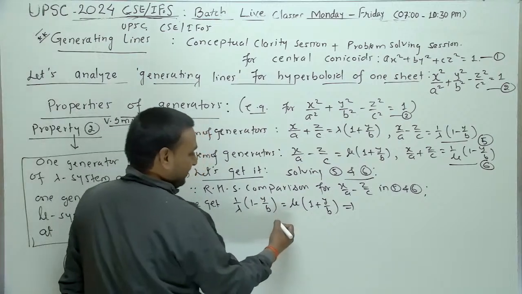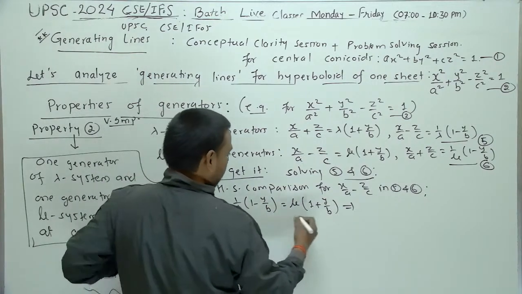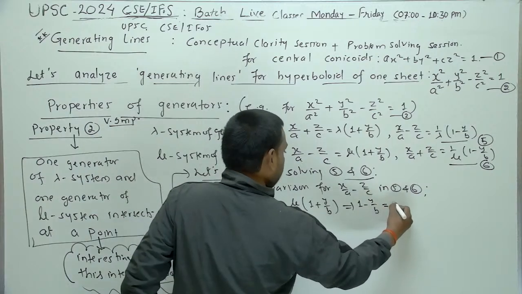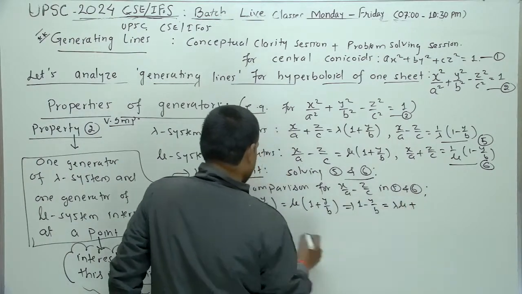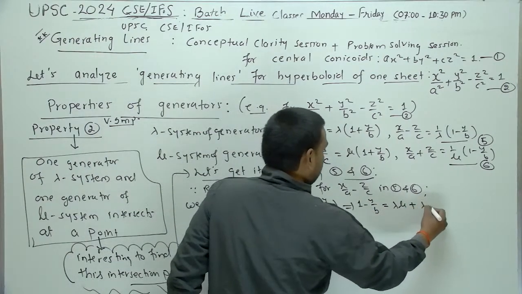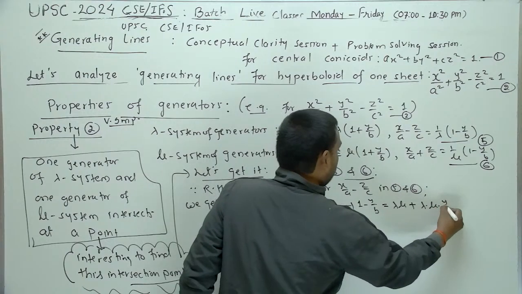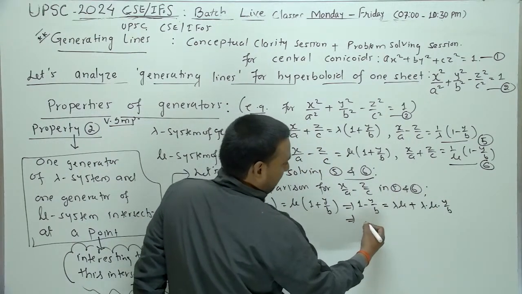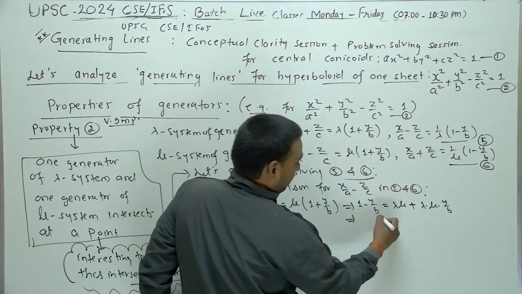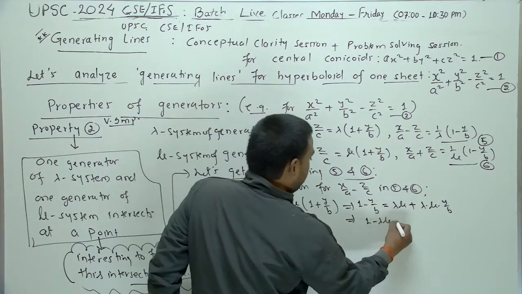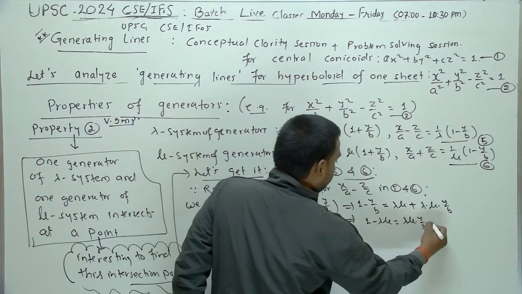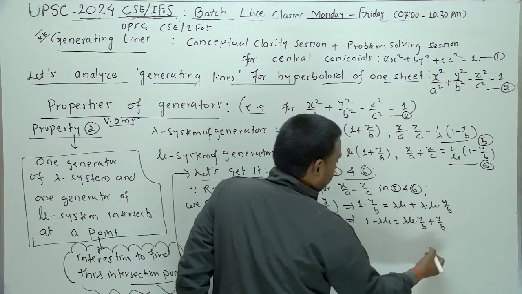So this implies 1 minus y upon b equals lambda into mu plus lambda into mu into y upon b. Just solve it like kids, no issue in this. So 1 minus lambda into mu equals lambda into mu into y by b plus y by b.